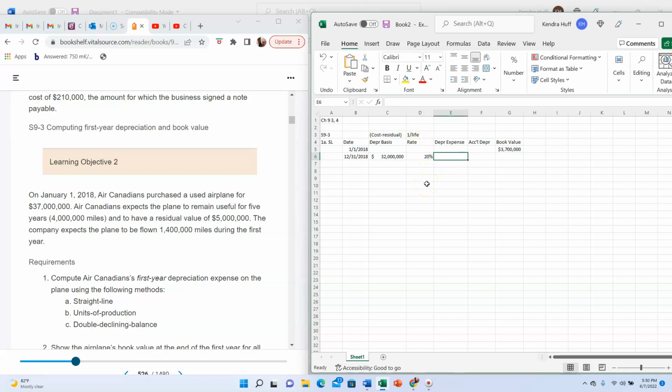All right, and the depreciation expense, you just multiply. And then accumulated depreciation the first year is just what you had that particular year. And then book value is cost minus accumulated depreciation.